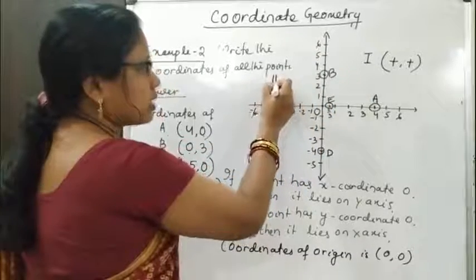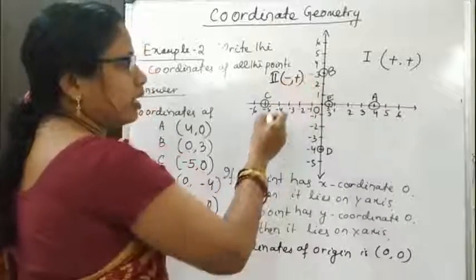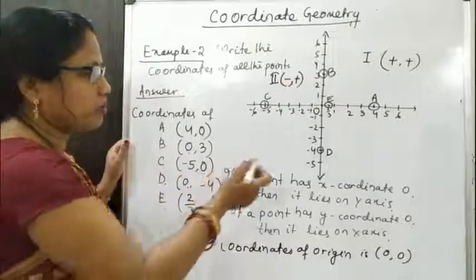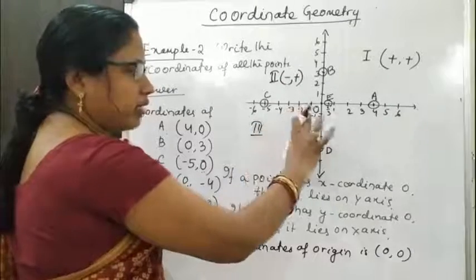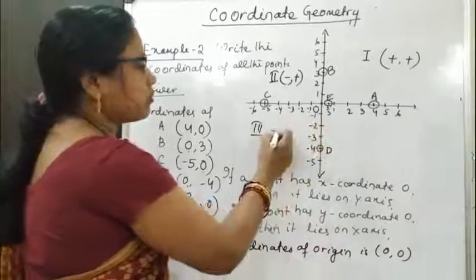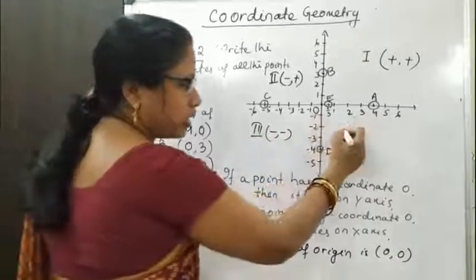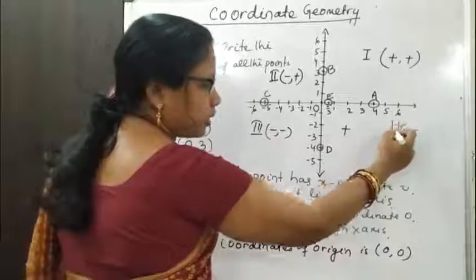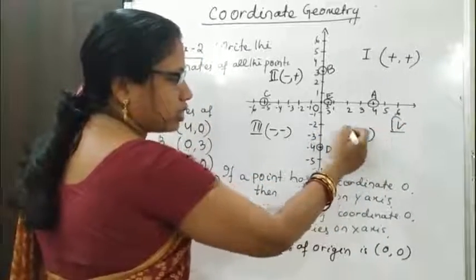This is our second quadrant. In the third quadrant, the x coordinate is negative and the y coordinate is negative. And in the fourth quadrant, the x coordinate is positive and the y coordinate is negative.